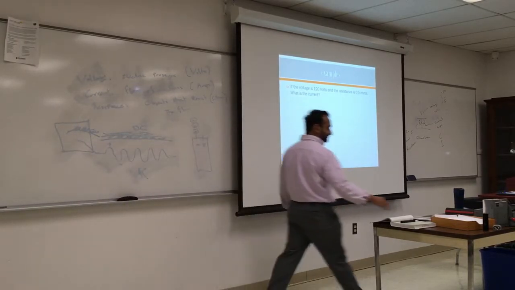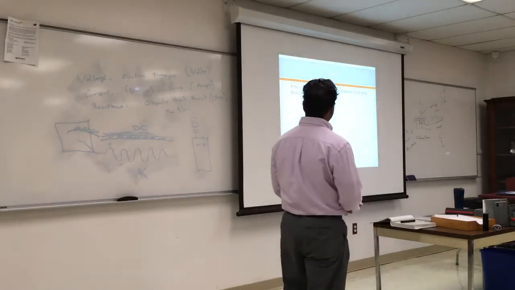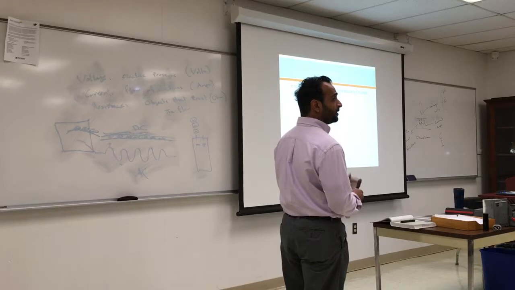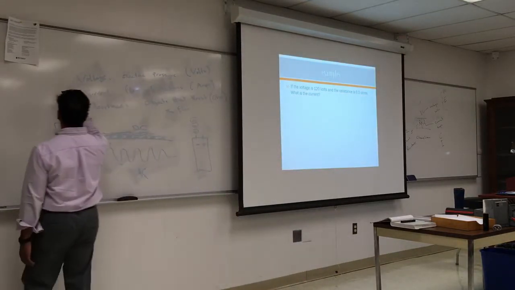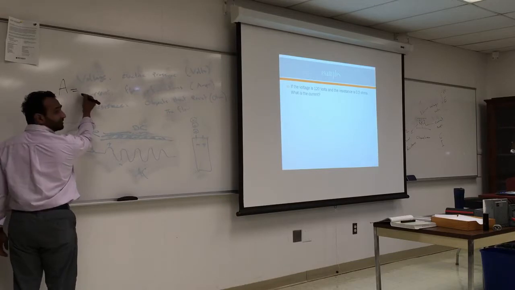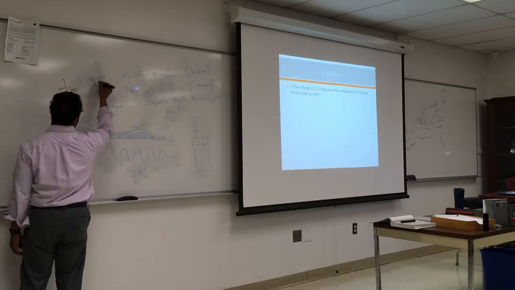So guys, what am I looking for here? What is required? Look for A. Yeah, excellent. What is A? Current. And how do I calculate that? E divided by R. Excellent.